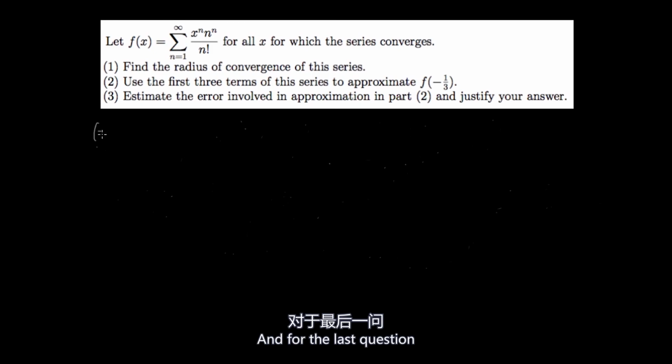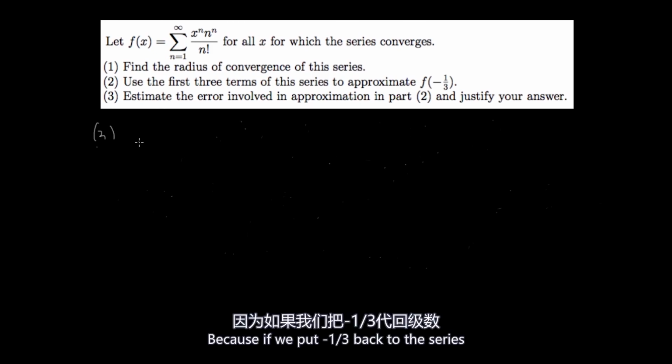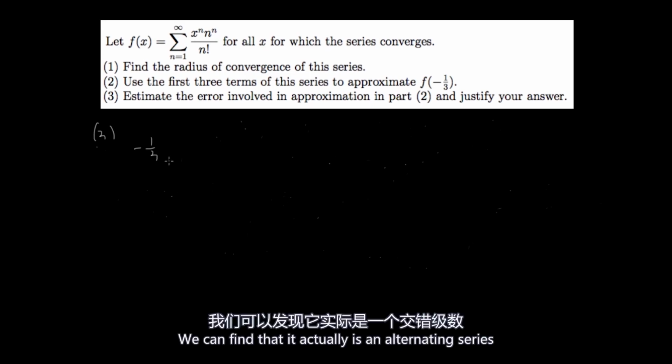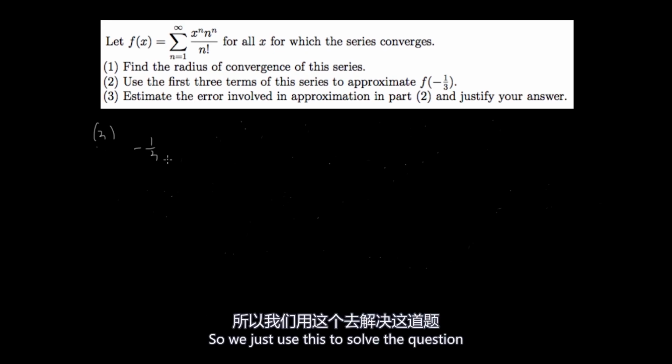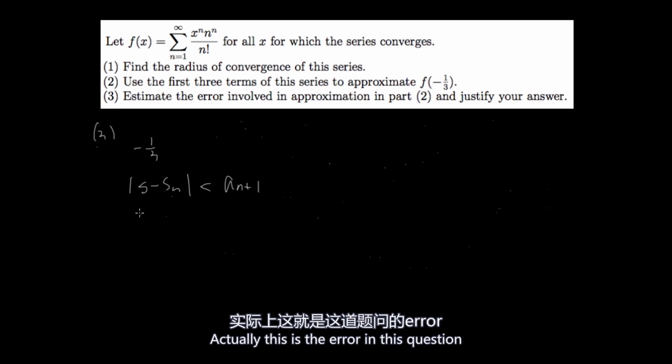And for the last question, because if we put negative 1 over 3 back to the series, we can find that it actually is an alternating series. So we just use this to solve the question. Actually, this is the error in this question.